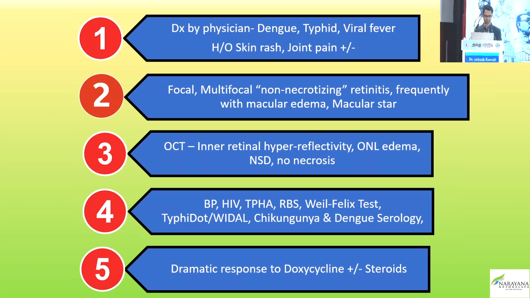If you do the OCT scan, it will show inner retinal hyperreflectivity, ONL edema, mild NSD, but no necrosis. Do the baseline blood workup. If you are interested in knowing the etiology, do the Weil-Felix test, typhoid, viral, chikungunya serology, or dengue serology. But if you notice a dramatic response to doxycycline, even with or without steroid, that may prove the diagnosis of epidemic retinitis. Thank you.